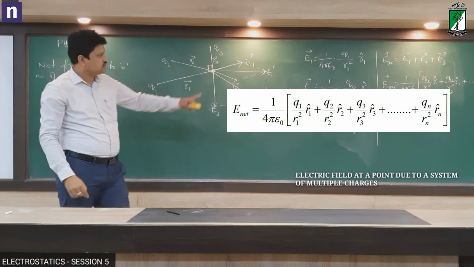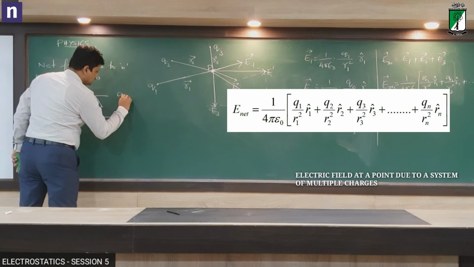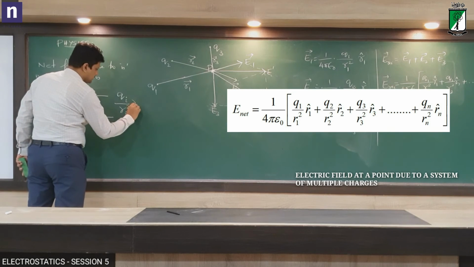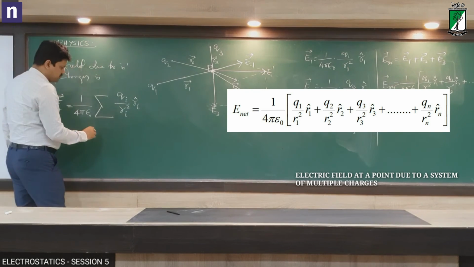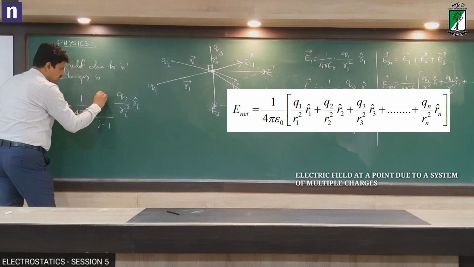Then what is the term? Q1 by R1 square into R1 cap. So Qi by Ri square into Ri cap, where i is equal to 1 to n.